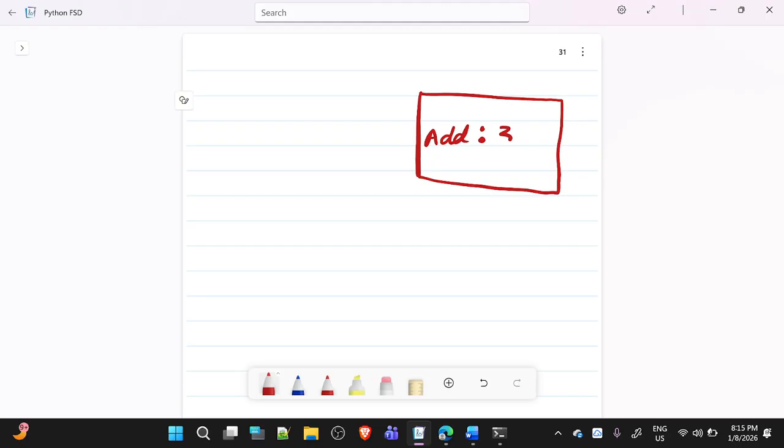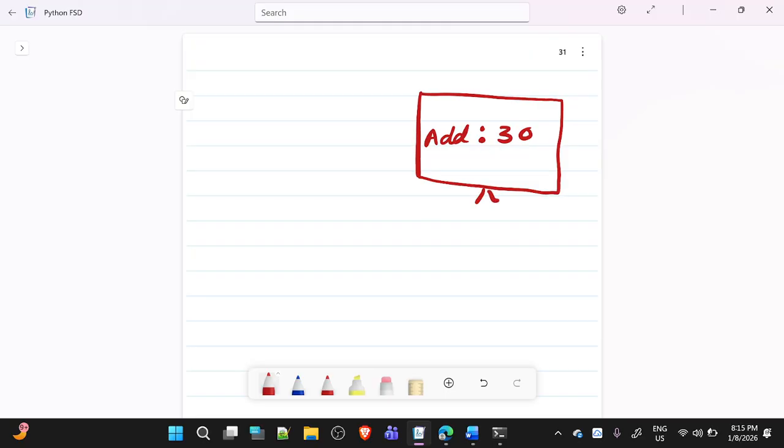Let me tell you in an easier way so you can relate to it more. What is programming? Let's suppose I have this computer, and on this computer I want to display the addition, which is 30.